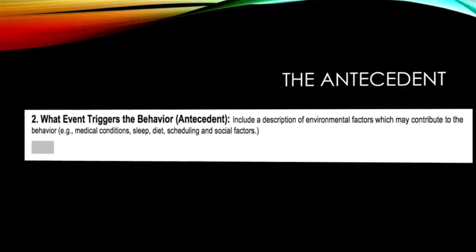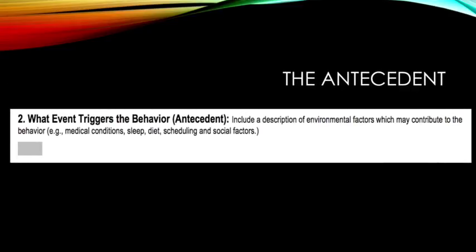Once that's done, we want to look at events that may trigger the behavior, or the antecedent. The antecedent is the A in the ABC of behavior. We want to include a description of environmental factors which might contribute. Like, are there medical conditions? Is the student having sleeping issues? Could it be related to a particular time of day?